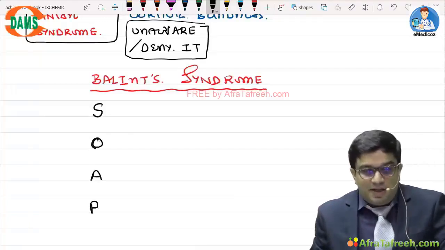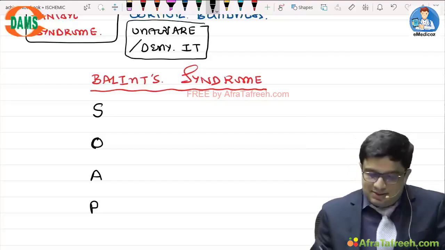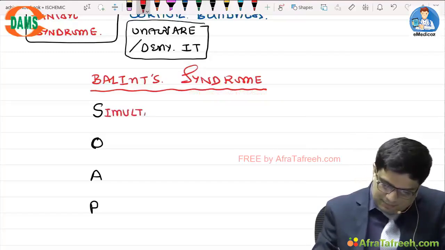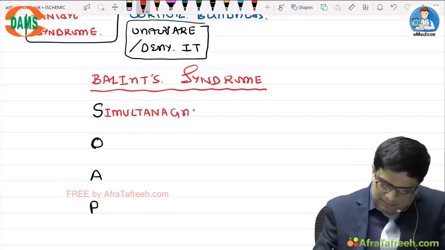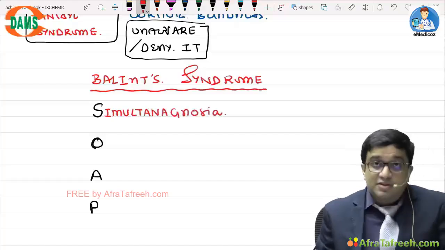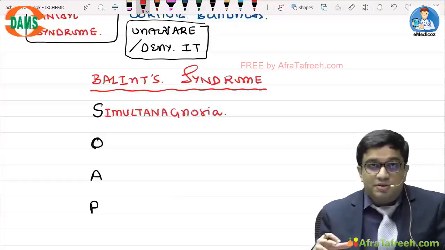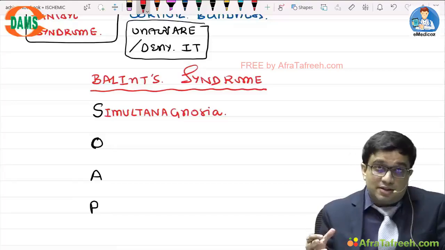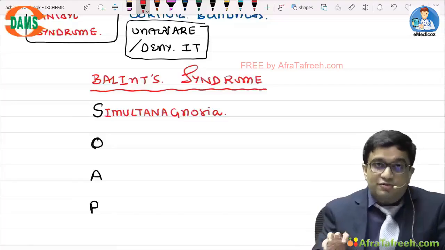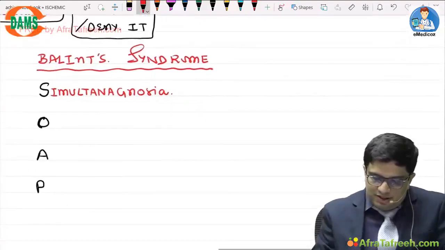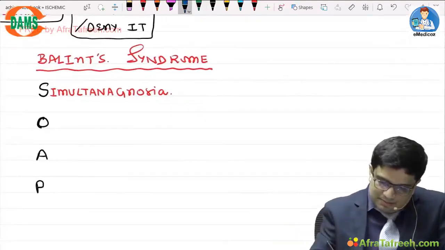Now in Balint syndrome, the very first is S. S stands for simultagnosia. Now what do you mean by the word simultagnosia? It's a kind of problem in which the person has an inability to integrate the information from the center of vision with the peripheral information. So we'll write it and I'll explain it with examples.